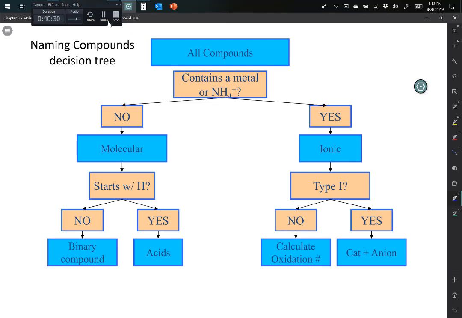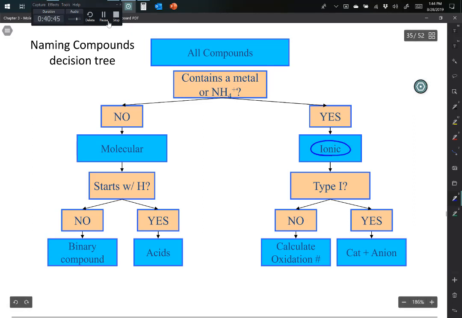But the way this decision tree works is like this, right? Contains a metal or NH4. Well, NH4 plus, that's an ion. If it does, this is ionic. This is the first part in the decision of naming a compound. If it doesn't, then it's molecular.